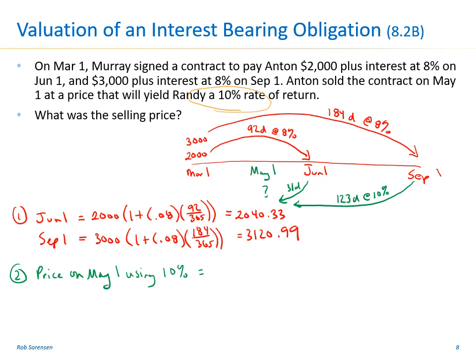Randy doesn't have to agree to the original 8% rate that Murray and Anton had dreamed up way back in March. He can have his own rate. So let's take those amounts back. Well, we know on June 1st there was $2,040 that was supposed to be paid originally. And now Randy's got the right to collect that instead, but he wants to see what it's worth if we use 10%. And we go backwards, in this case, 31 days.